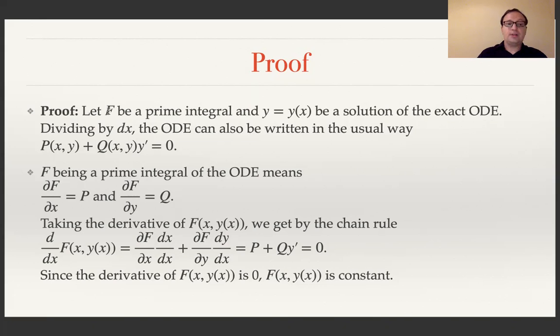And in the second part, we're going to assume that y is some function, we don't know whether it's a solution or not, such that capital F of x and y of x is a constant, and we're going to prove that y actually is a solution. This will be on the next page.